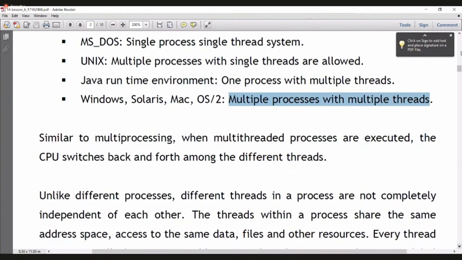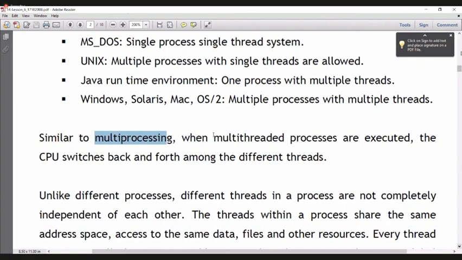Now you should know multi-processing and multi-threading. Earlier we had multi-processing systems, where you can run many different processes at the same time, like Unix, which runs multiple processes.